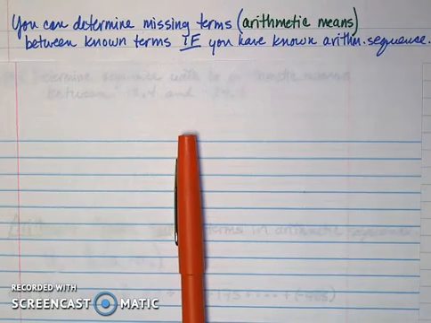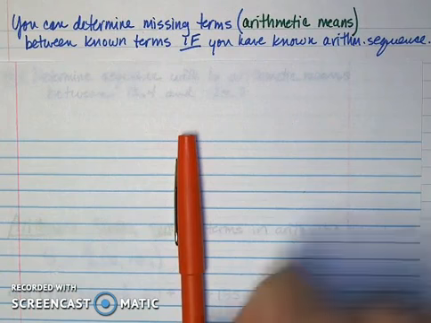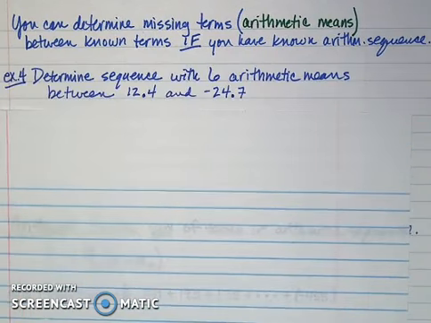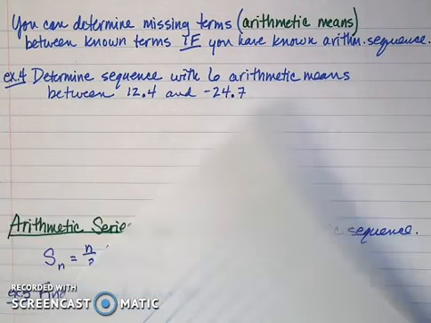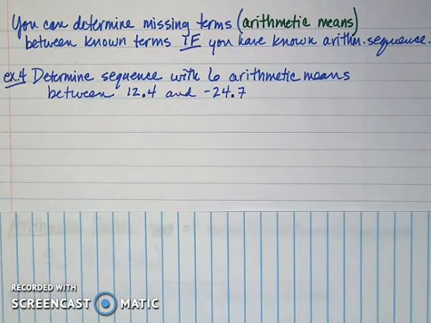In addition to just finding specific terms, you can determine the missing term, which is called an arithmetic mean, between known terms if you have a known arithmetic sequence. So, for example, if I want you to determine the sequence with 6 arithmetic means between 12.4 and negative 24.7. So I want you to find basically the 6 middle numbers between those two.